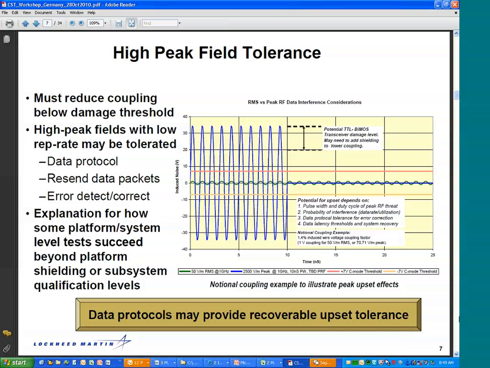I have noted on this figure various things of interest, like the plus or minus 7 volt common mode threshold that exists in most serial data interfaces. I wanted to make the point that data protocols are very important to how you can handle your upset periods.